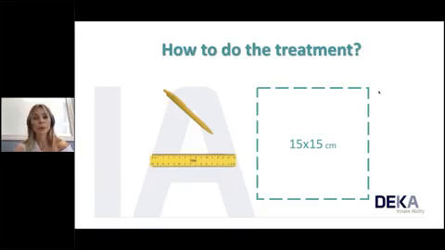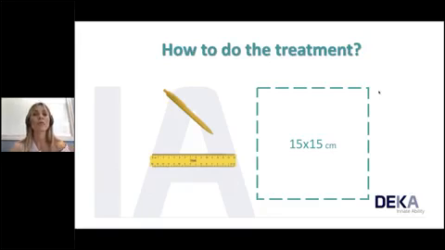It's important to know that no more than 6 squares can be performed. And this is because, as Professor Bonan told you, the system which is able to eliminate our lysate is the lymphatic system.